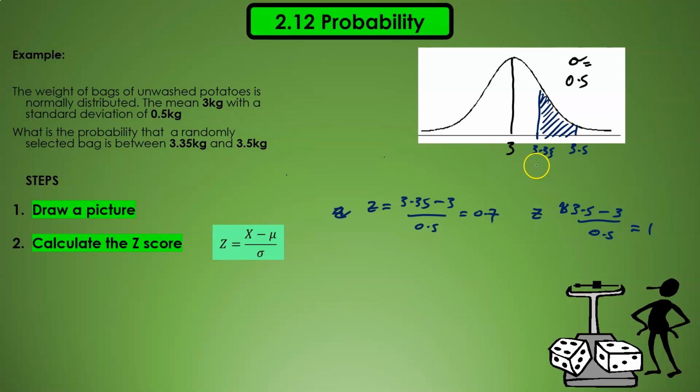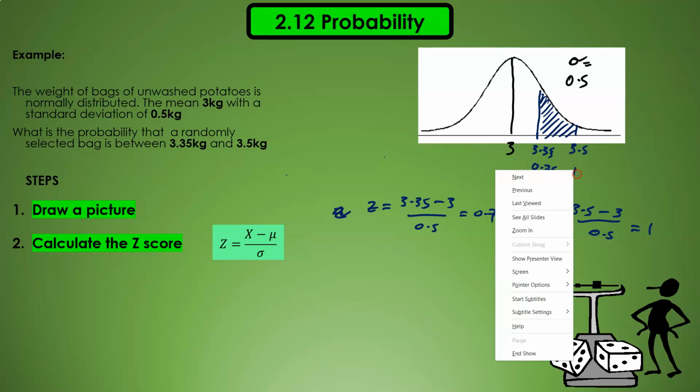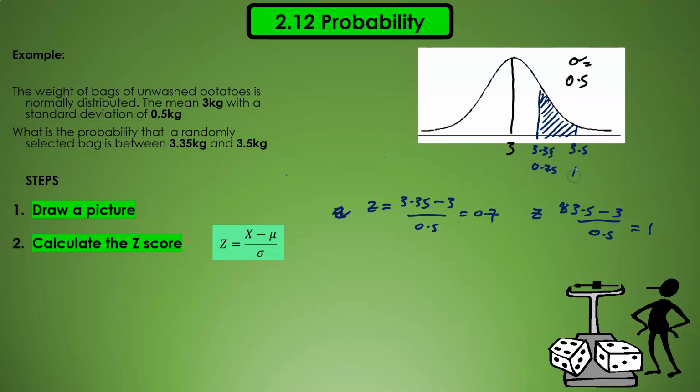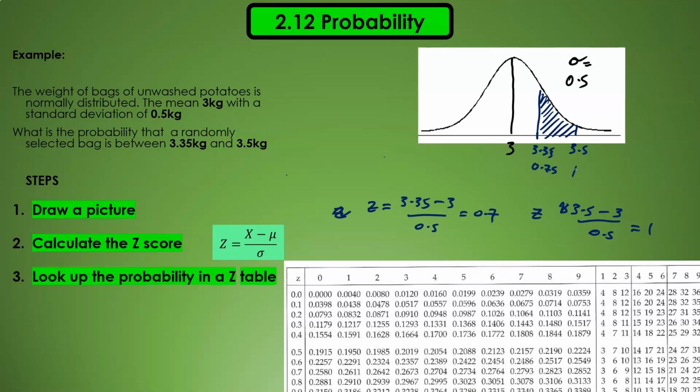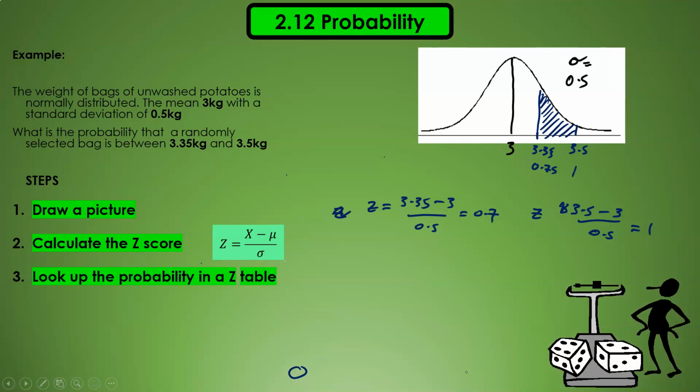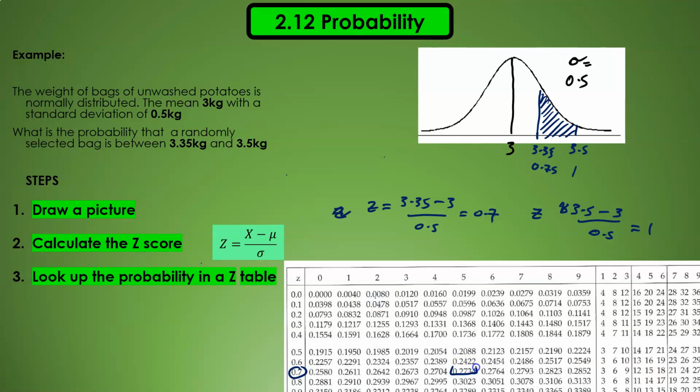So we've got 0.7, we've got 1. Look at the Z table. 0.7, 5 means that this area here is equal to 0.2734.